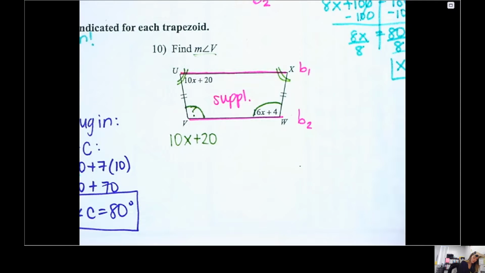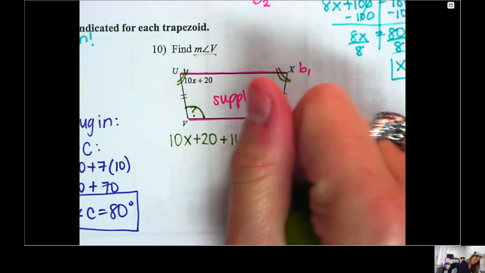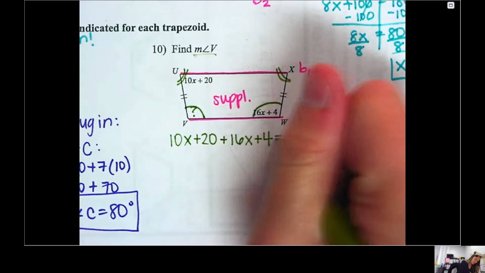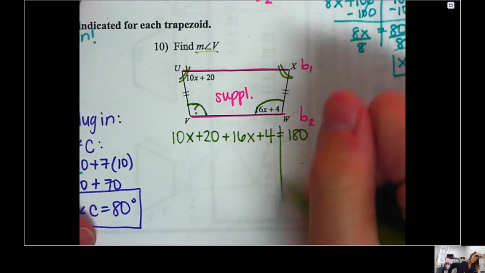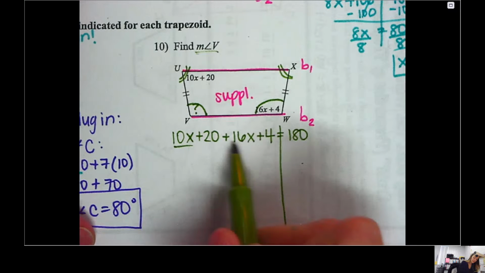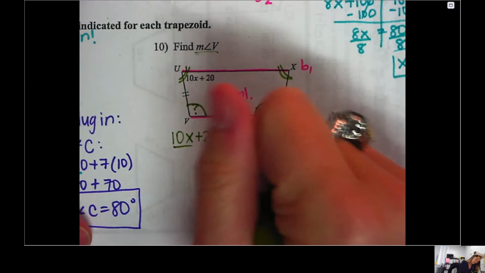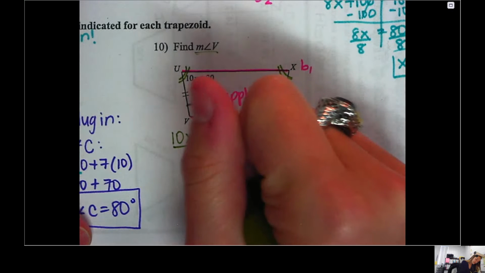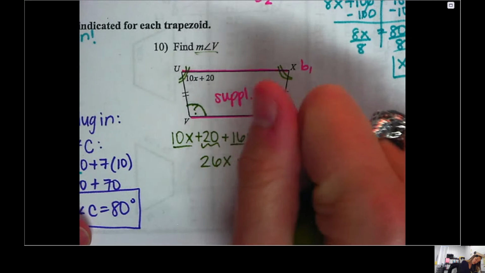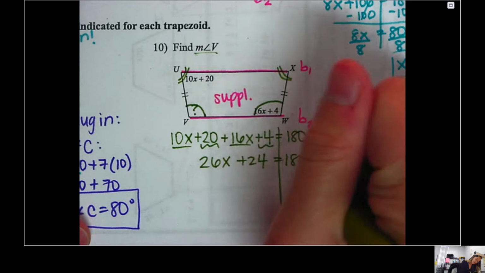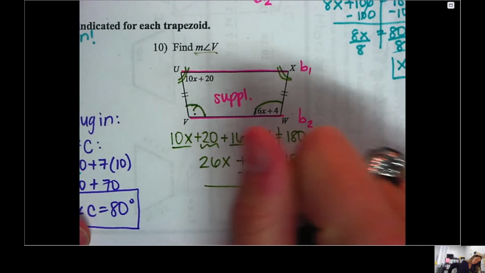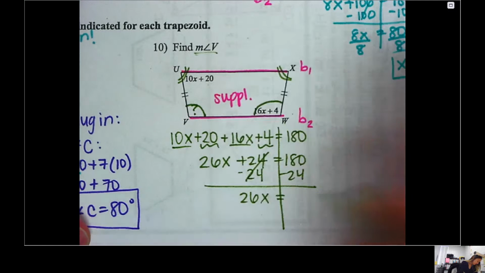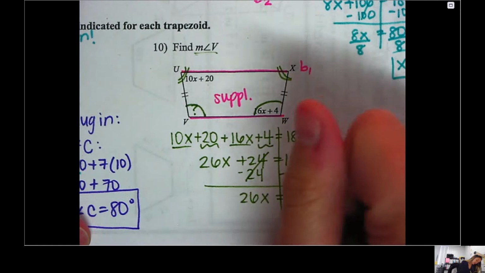So I've got angle U plus angle W, and I set it equal to 180. So first I'm going to combine some like terms. 26x plus 24 equals 180. Move my constant over. 156.